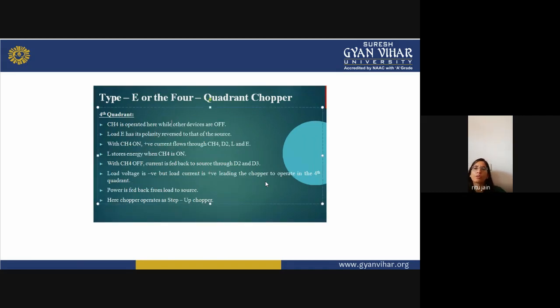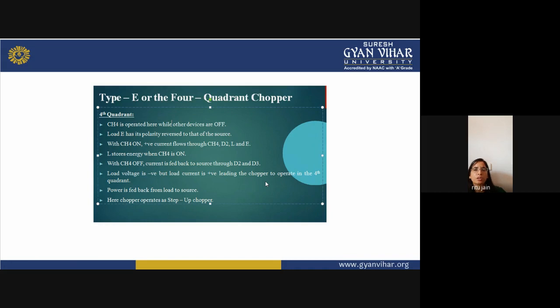Next is the fourth quadrant operation of the type E chopper, in which CH4 is operated while other devices are off. The load E has its polarity reversed to that of the source. With CH4 on, positive current flows through CH4, D2, L and E, and L stores energy.